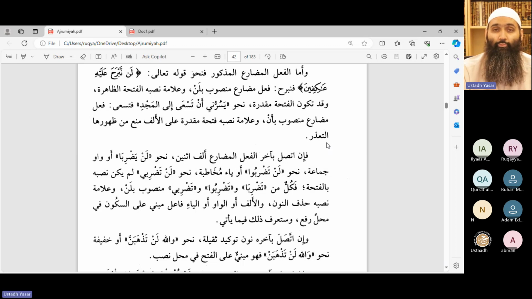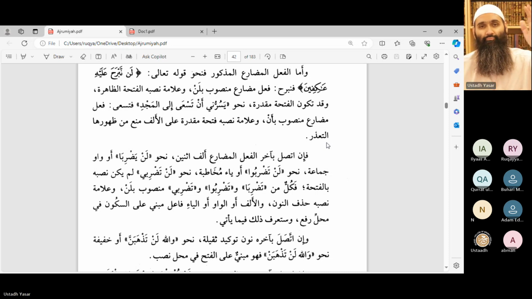If you have a fi'l mudari, just the fi'l mudari on its own with nothing attached to the end of it, and something comes before it, an amil that makes fi'l mudari mansoob, then the fi'l mudari will be mansoob, and the alamatu nasbihi will be what?